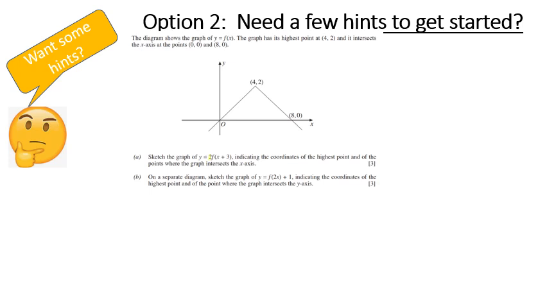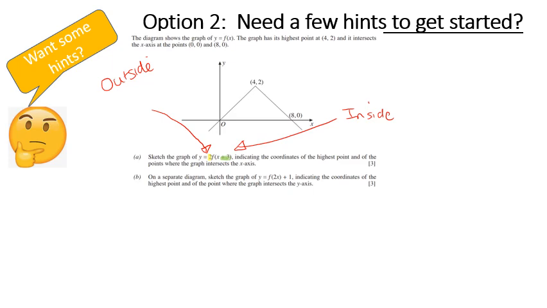So what they've done is they've introduced a 2 in front, and they've also put a plus 3 in the bracket. So we need to think very carefully about what the plus 3 means, and we also need to think very carefully about what that 2 means. Now, that 2 is outside of the f function, and the plus 3 is inside the function, inside the bracket.